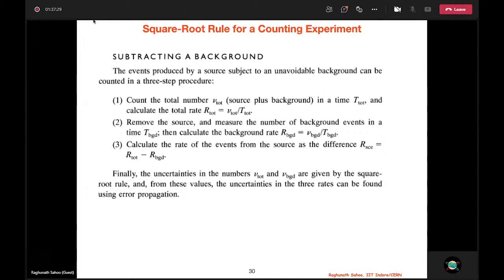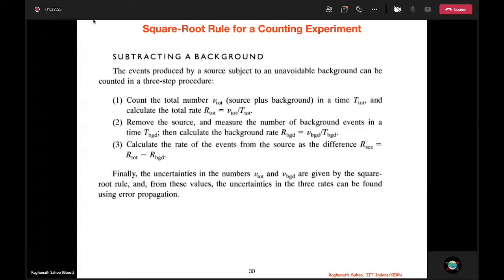What is the rule? First you count the total number, N total. So N total will be source plus background. This has to be done for a longer interval of time because you need to build up statistics. So this is T total, and you calculate the rate R total, which is N total by T total.